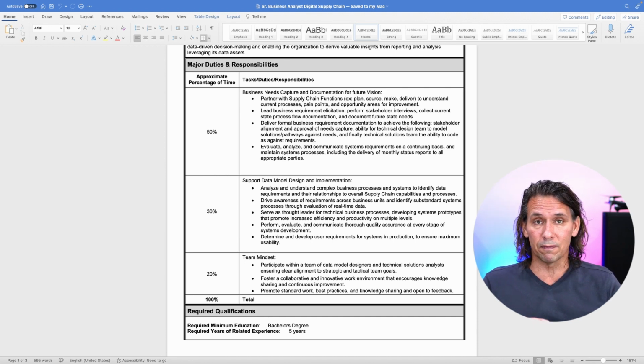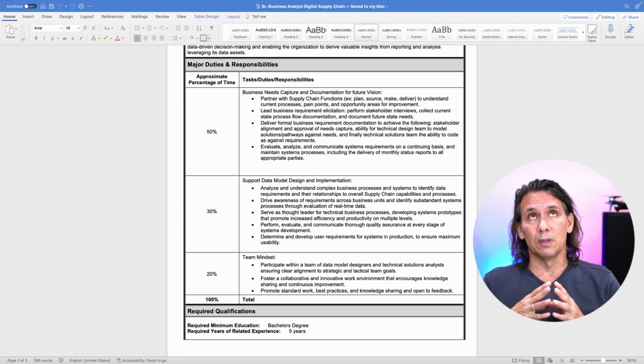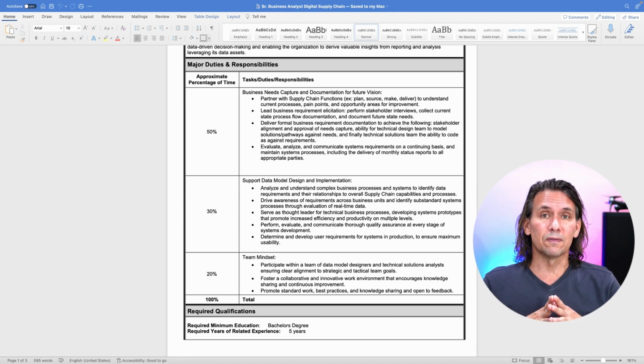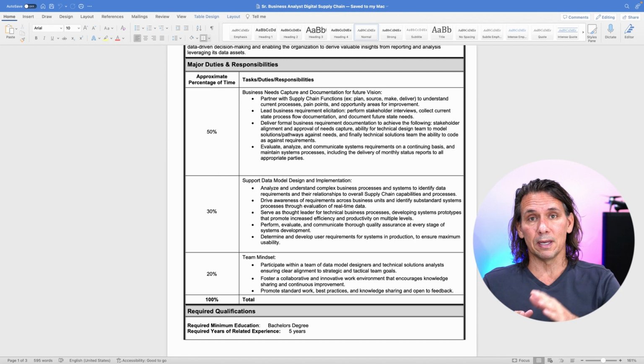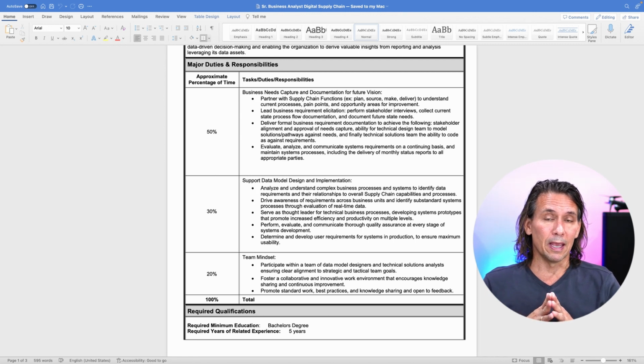So part of the goal here is for you to work with the business and other data modelers and data scientists and the business process owners to actually come up with what this platinum data model is going to look like. And again, you're going to be sitting in between the business and the technical team.